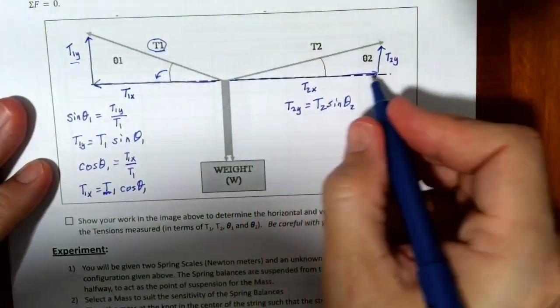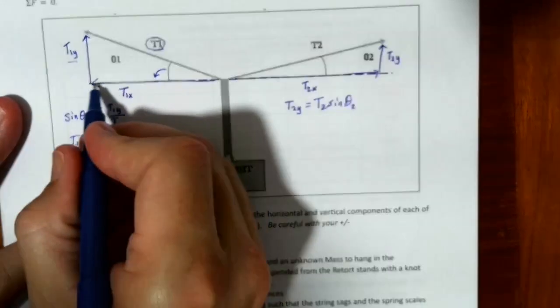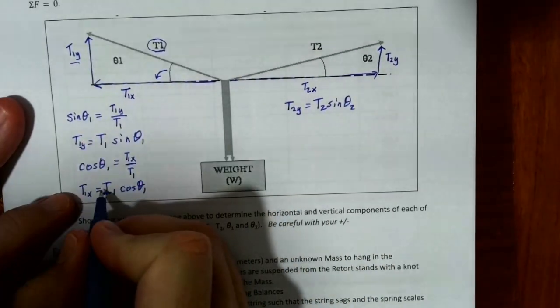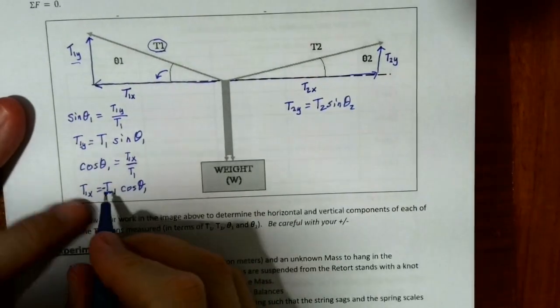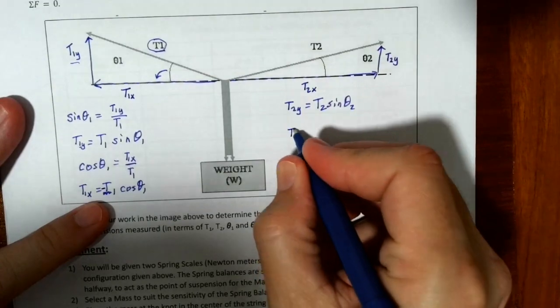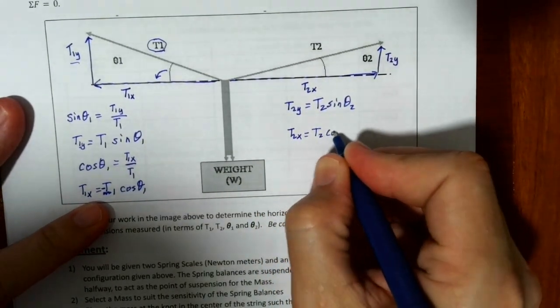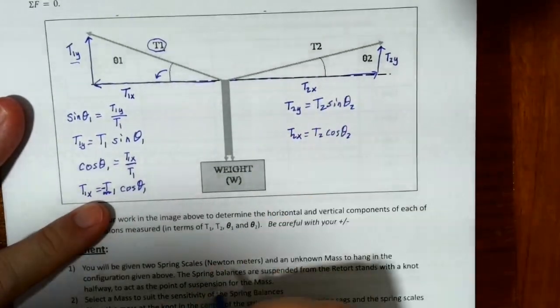Similarly, we could get the same thing over here. One thing I want you to notice is that on this side, this is to the left, so that would end up being a negative T1 cosine theta 1, whereas on this side, the T2x is just going to be T2 cosine theta 2, and that's positive.